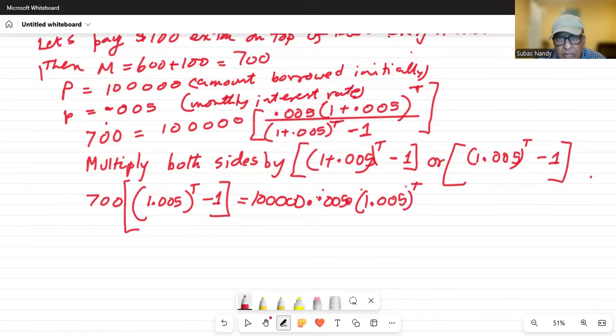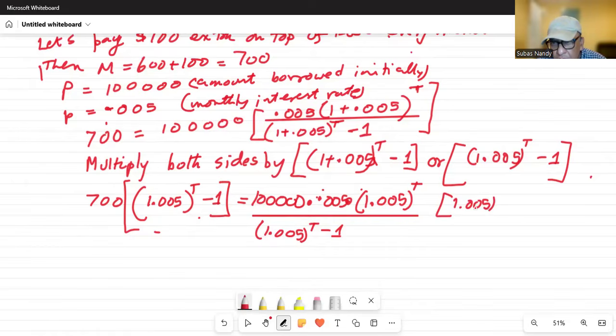This was already in the numerator on the right side. Now the denominator on the right side is 1.005 to the power of t minus 1. And of course, I'm also multiplying on both sides by 1.005 exponented to t minus 1.